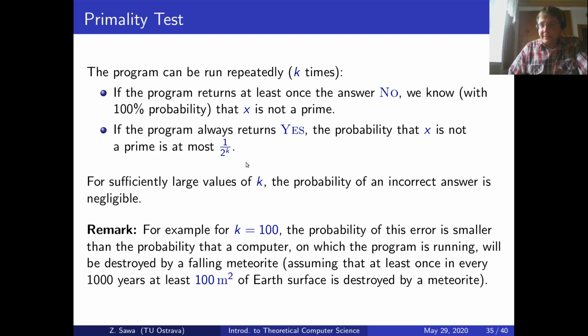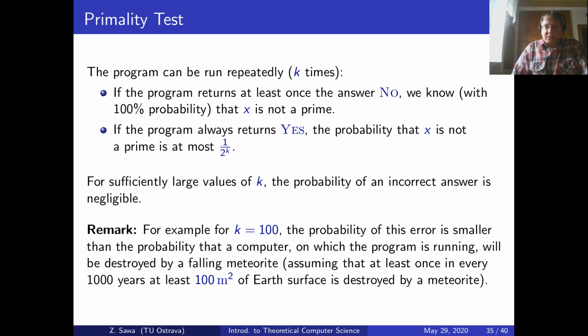Of course, even bigger is the probability that there will be some hardware error on this computer, that some part of the computer will misbehave.